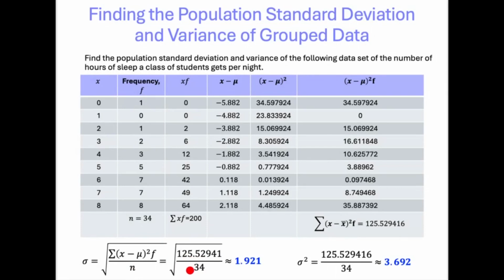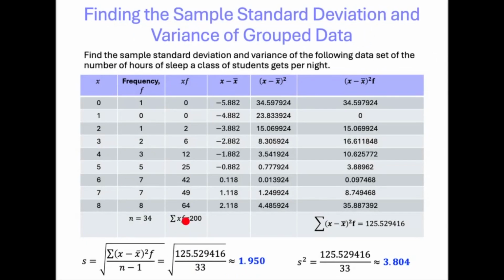So we have a larger number on the bottom, which means that for the population, this should be smaller. This is 1.921 versus the sample, which was 1.950, so it was larger because you're dividing by a smaller number.